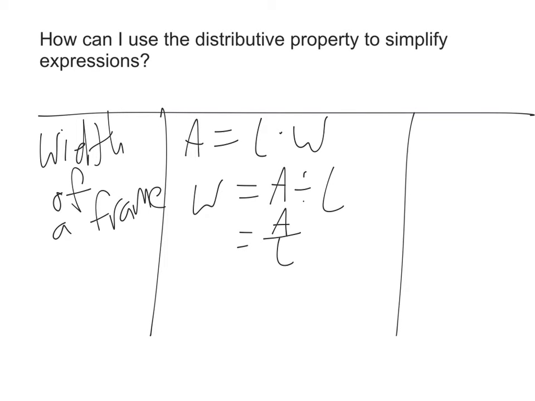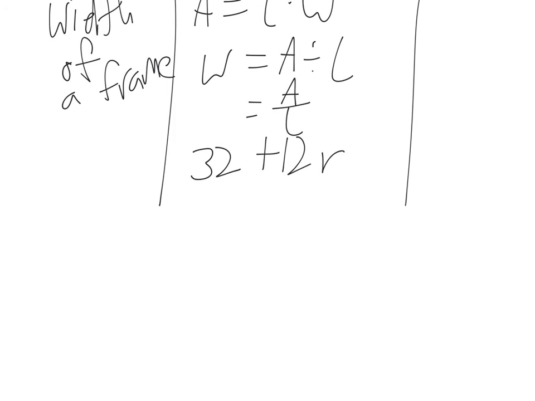Now, in this problem, we've been given the area is 32 plus 12r, and we've been given the length of 4. Now we can use the distributive property to distribute a division over addition. And we do that by dividing 4 into 32 and 4 into 12.